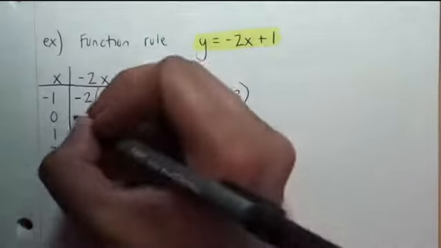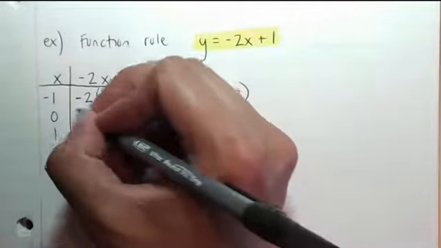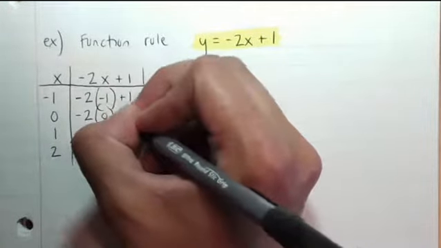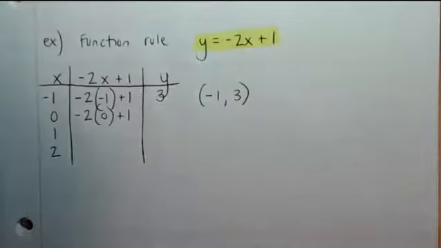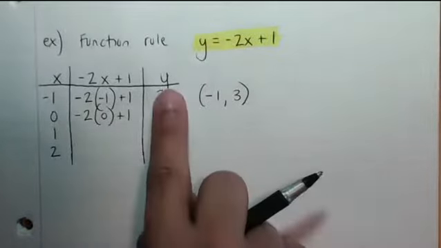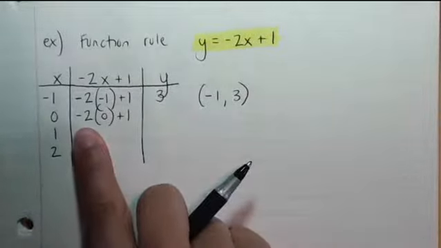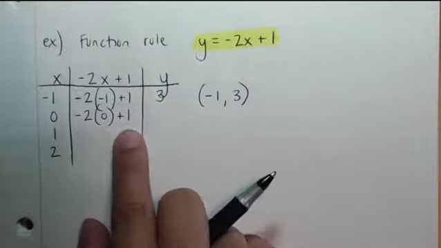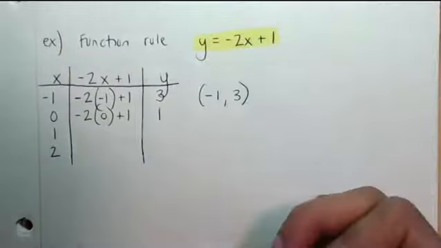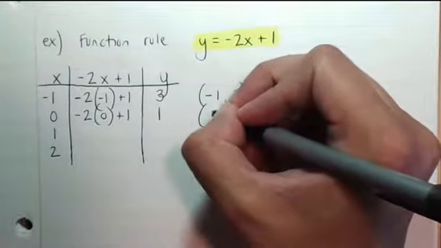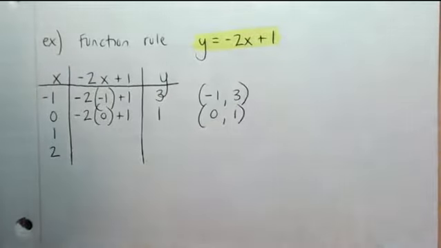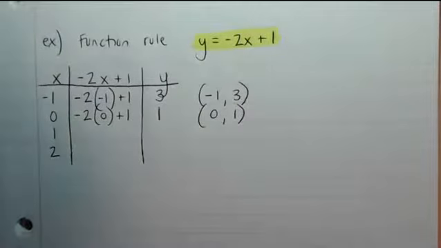Let's do another one together, and I want you to finish it up by yourself. So if I plug in 0 into the function, I want to see what my output is. Input, negative 2 times 0 is 0, plus 1 is a positive 1. My ordered pair is 0, 1. Go ahead and do the next two, and then look up here when you're done.